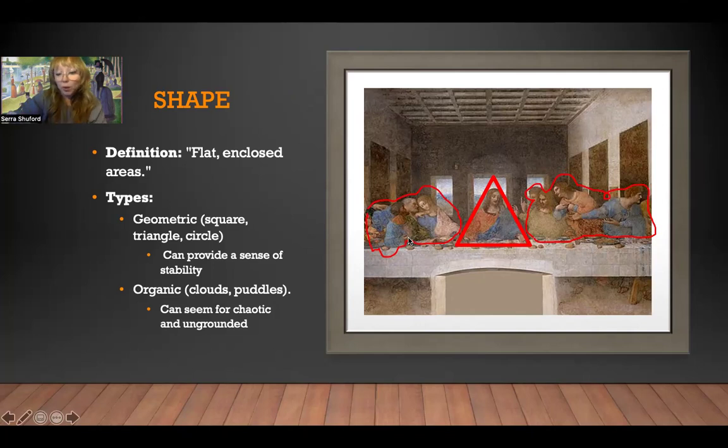Now, when it comes to form and content, this is a great example of how we can use shape, this geometric, stable shape, to create a sense of meaning in the work. In this story, if we look into it, all of the disciples are very alarmed, they're very confused, chaotic, they're arguing. And so it makes sense why the artist would use these really organic, crazy shapes for them. And then Jesus knows what's going to happen.